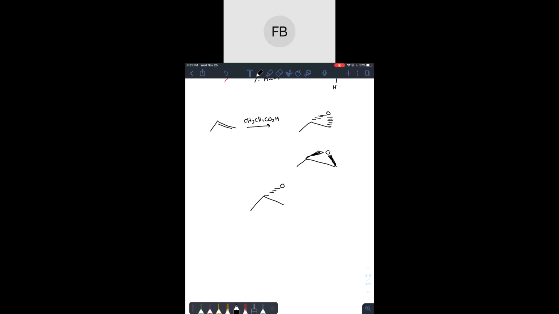But if you had this versus this, those are the same because it's flipped upside down, but these are two different ones. Okay, that makes sense.